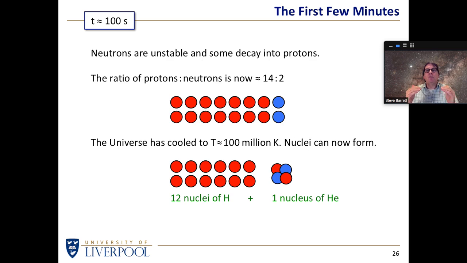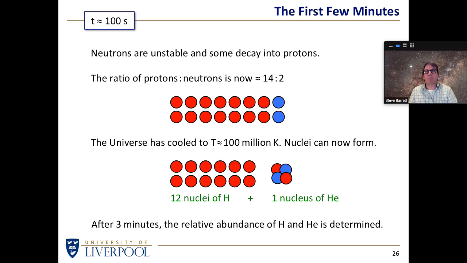And now the universe is cold, we can't any longer start generating and swapping between protons and neutrons. That is now frozen into the universe. After 3 minutes, the relative abundance of protons, i.e. the nuclei of hydrogen atoms, and these particles, the 2 protons, 2 neutrons, that we call the nucleus of a helium atom, the relative abundance of those are now fixed.